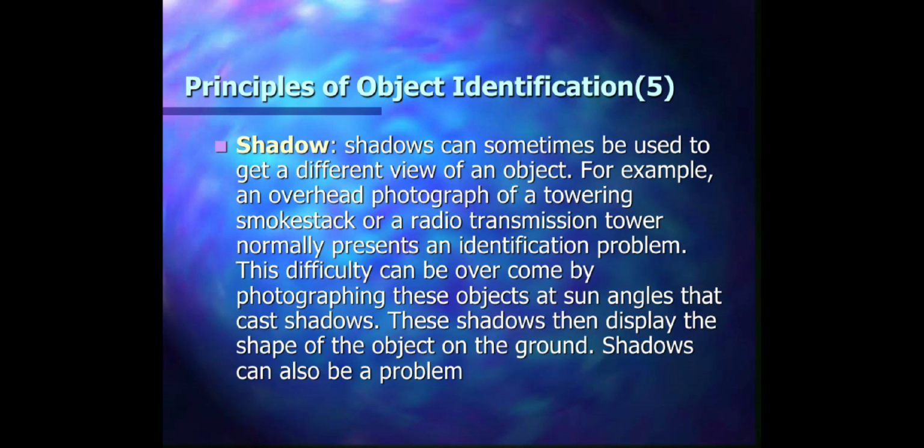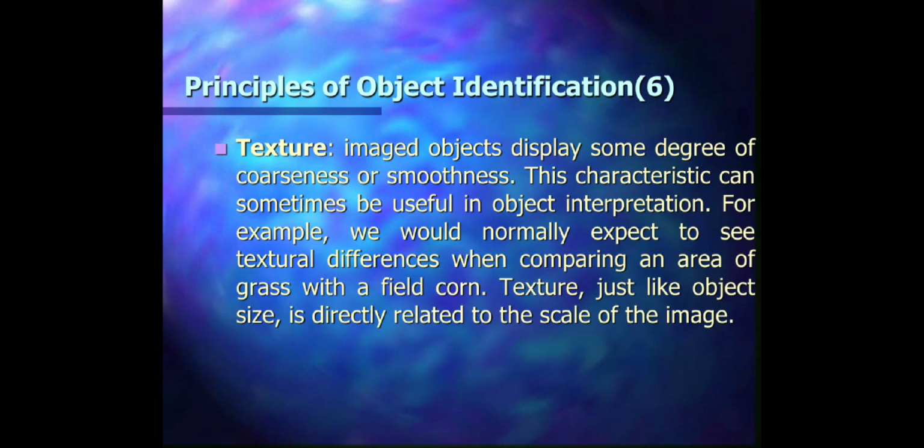These difficulties can be overcome by photographing the object at a sun angle. If our satellite or whatever device is between the particular place and the sun, the effect of shadow is negligible. That is the solution to the problem.